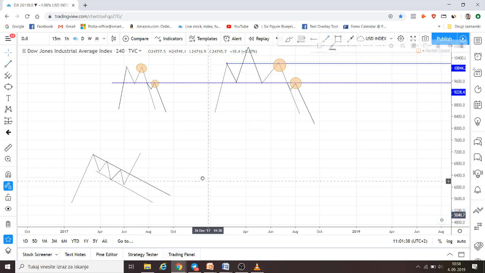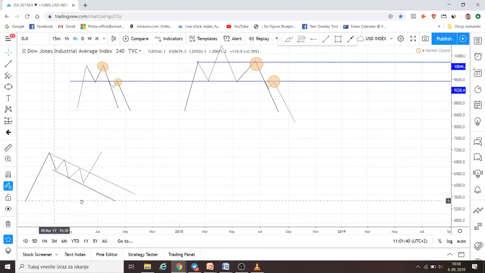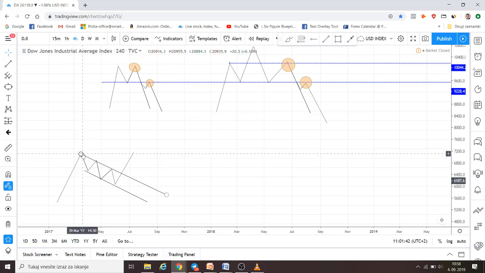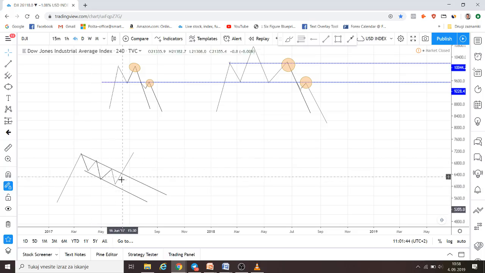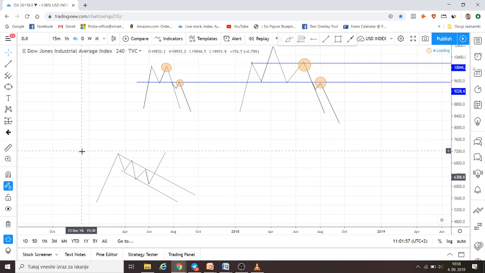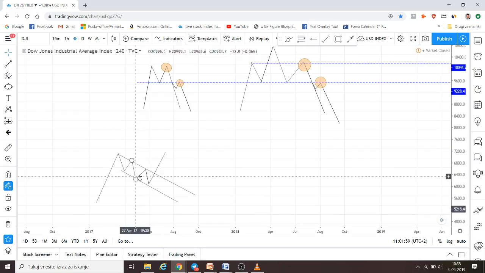I bet you did, because it happens all the time. You see, we have an impulse, like a strong impulse to the upside. We have a retracement. It basically just signifies that the bigger move to the upside is probably going to happen.